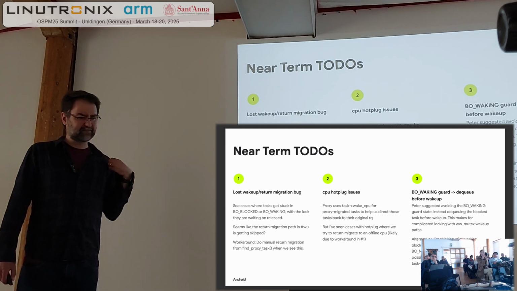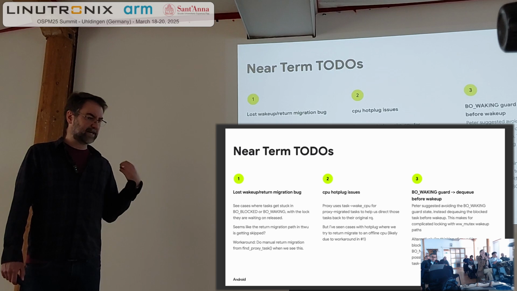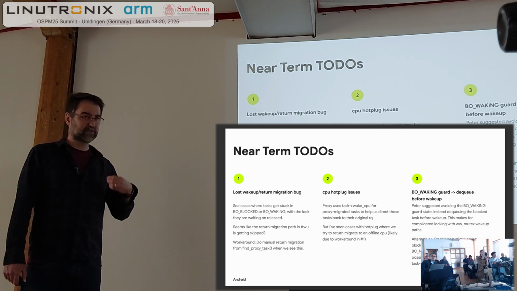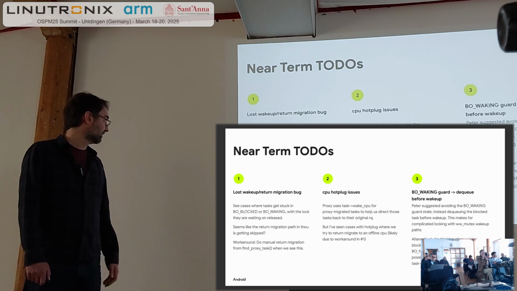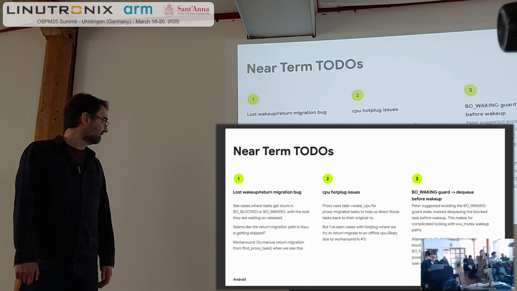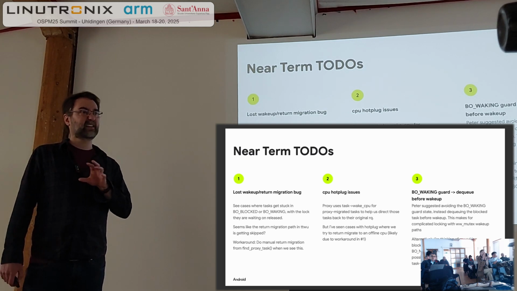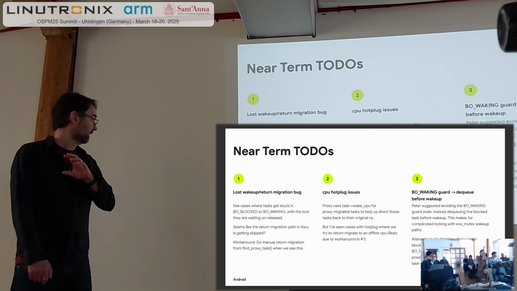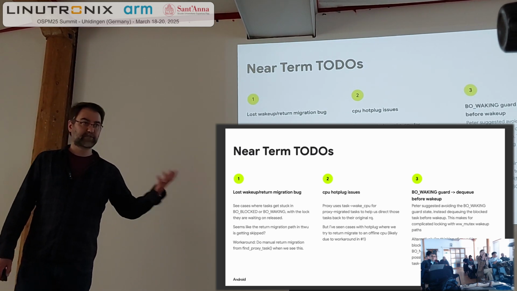So it seemed like we were missing some part of the wake up path that does the return migration, where we make sure that we transition out of that. I have not yet narrowed this down completely. I do have a workaround in the patch series where, when we run into this case and find proxy tasks, we're able to do a manual return migration.